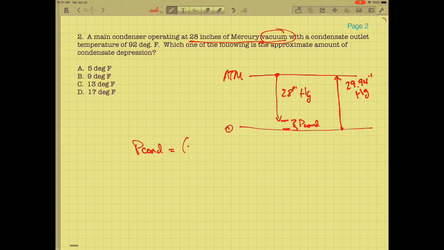And that's going to be equal to 29.94 minus 28, and that is going to be in inches of mercury. And that, of course, is going to equal 1.94 inches of mercury, which is also going to equal 1 psi.